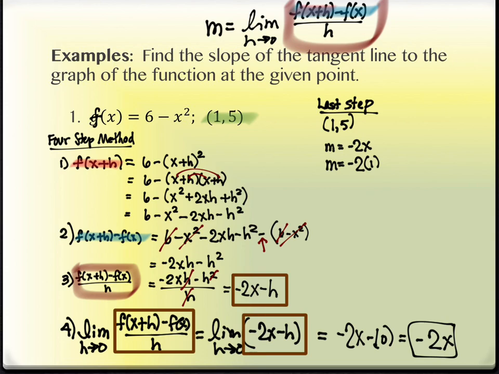I was told x is 1, so I put in the number 1, and negative 2 times 1 would be negative 2. So if I was not given a point, (1,5), I wouldn't even do that last step. I would have been done when I got to negative 2x.